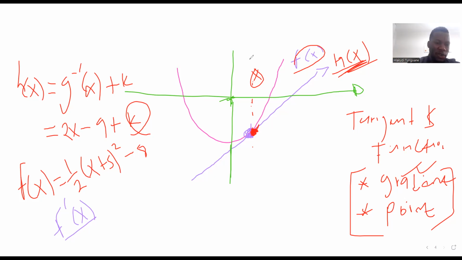So for us to get the gradient, I suggest that the first step you do, perhaps to make things simpler for you, is to expand this function into a standard form, right? If we expand this to a standard form, you're going to have 1 over 2 times x squared. So essentially we're just splitting it.